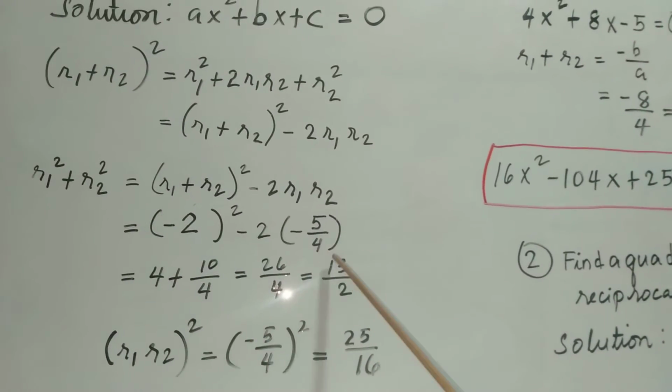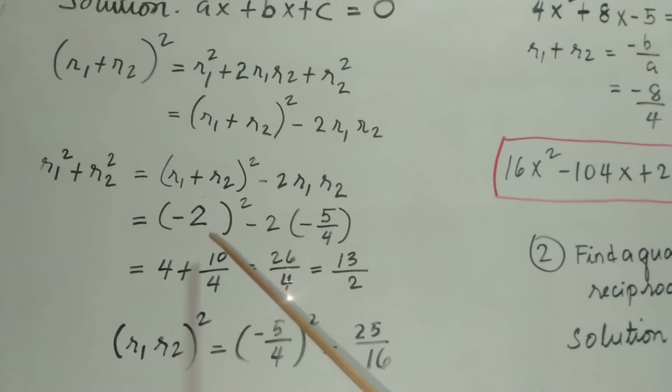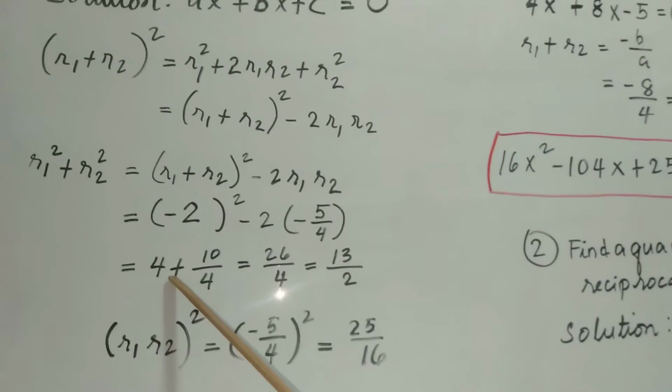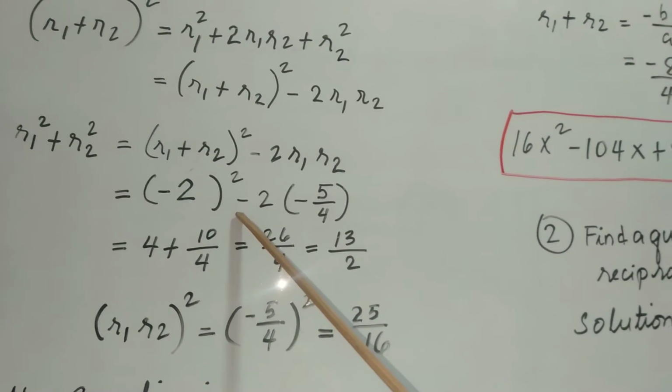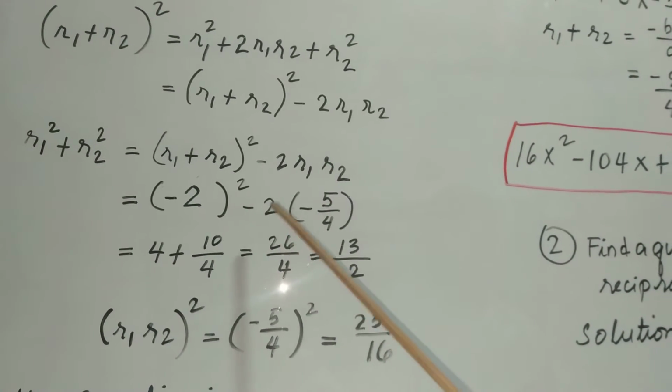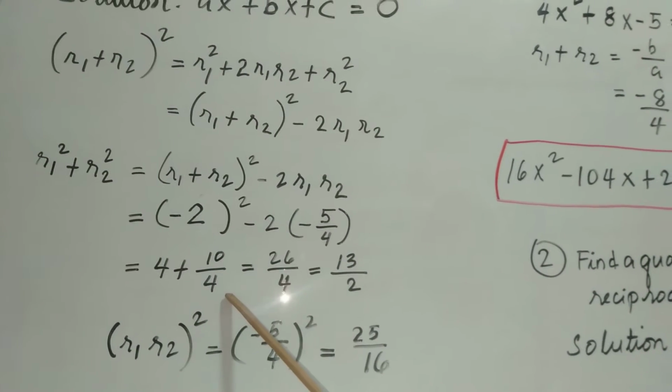So continuing this, the solution to this equation here, negative 2 squared is 4, plus, since negative times negative is positive, 2 times 5 is 10 over 4.